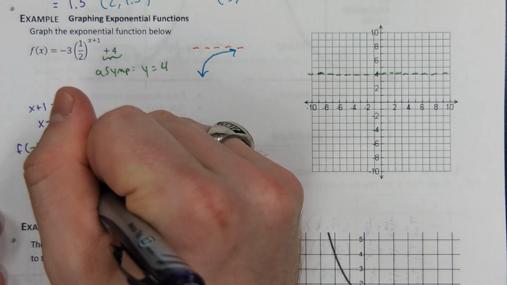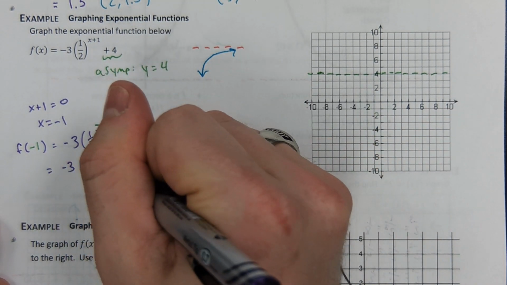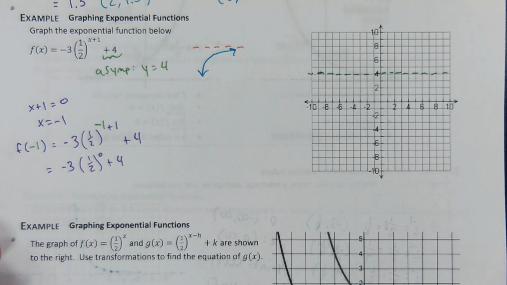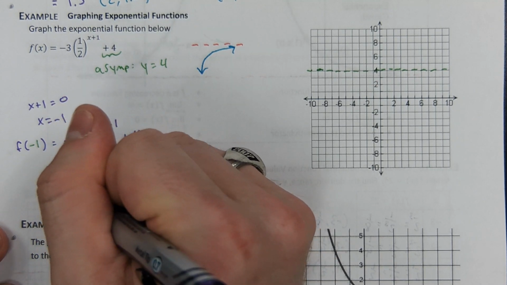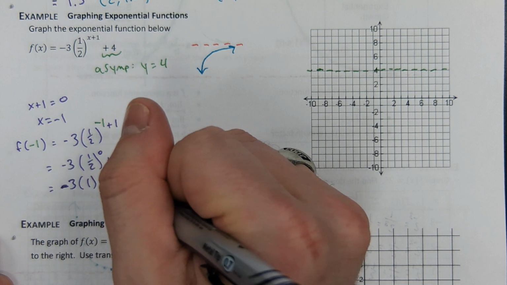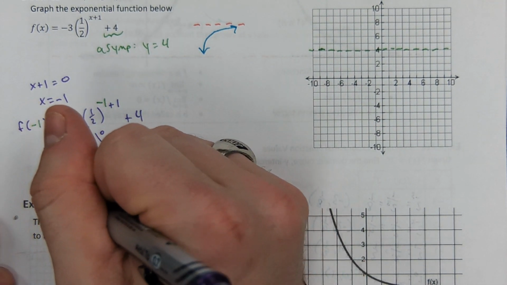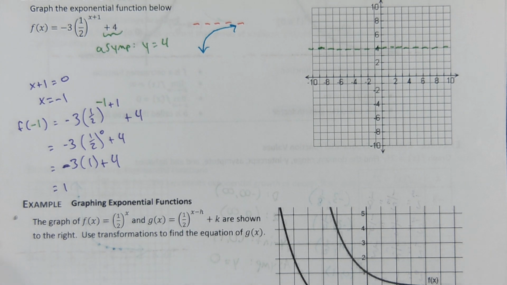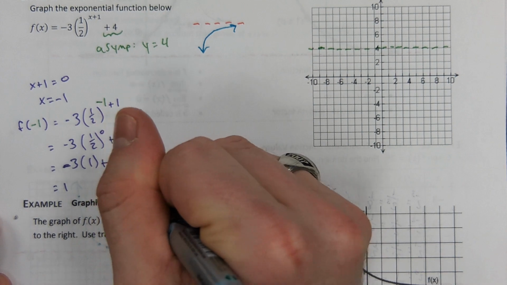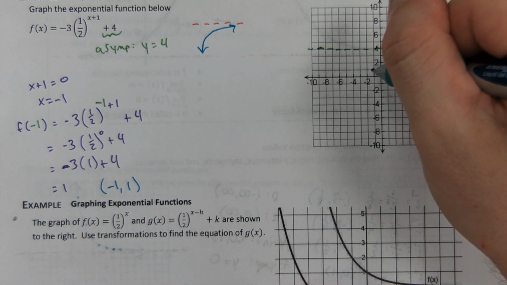We wanted that to happen because every positive exponential base to the 0 is going to be equal to 1. This is going to give me negative 3 times positive 1, which is still negative 3, plus 4. And negative 3 plus 4 is 1. So I have a coordinate to plot at negative 1 comma 1. That is here, negative 1 comma 1.